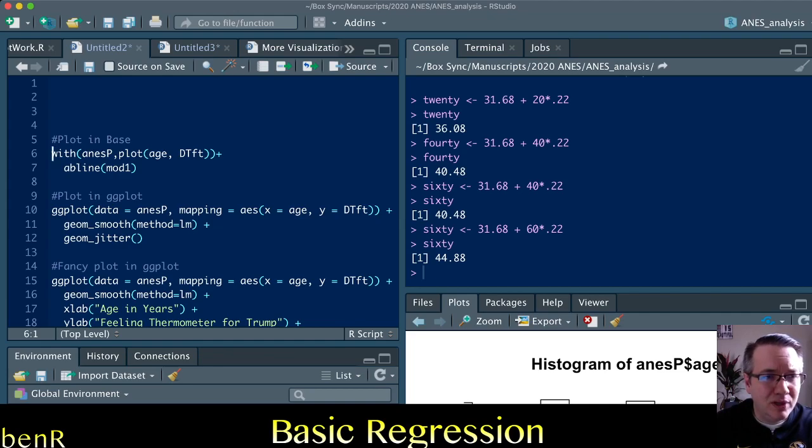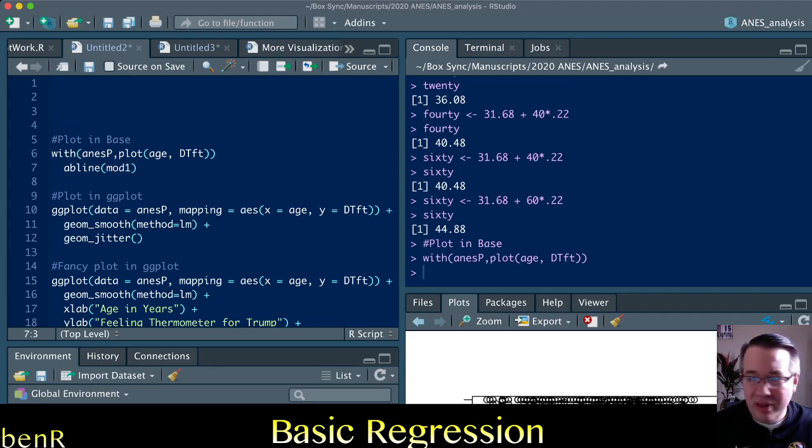Okay, so in base R, you just do, with the name of your data set, plot, your X variable, your Y variable, and then you add abline, the name of your regression model. If you run this without the abline, then it'll just plot your data set.